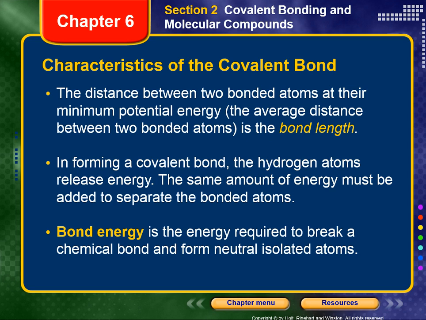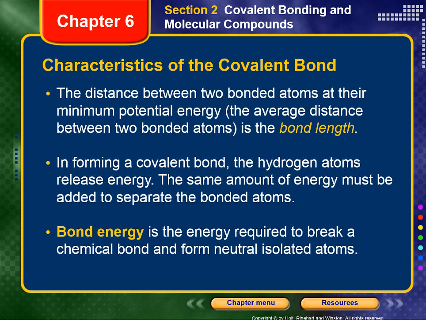Bond energy is the energy required to break a chemical bond and form neutral isolated atoms. Scientists usually report bond energies in kilojoules per mole, which indicates the energy required to break 1 mole of bonds in isolated molecules.